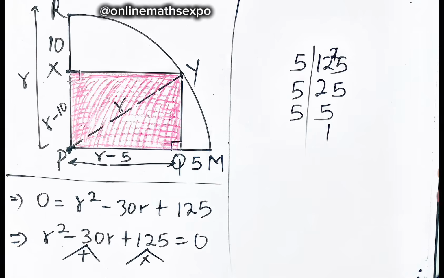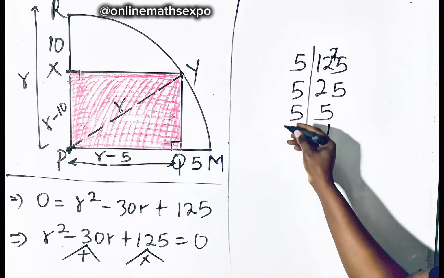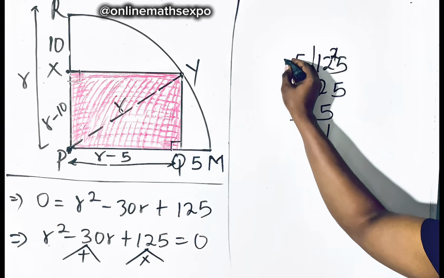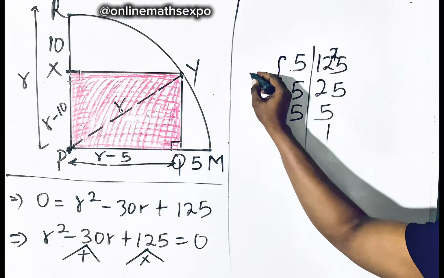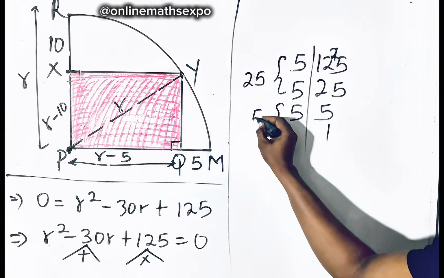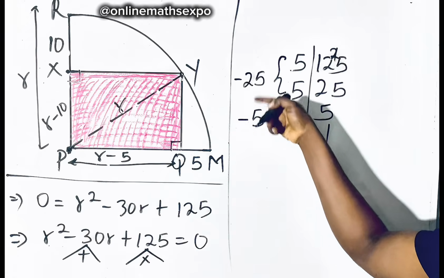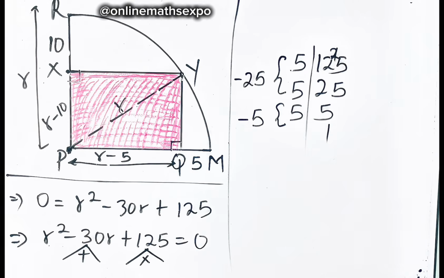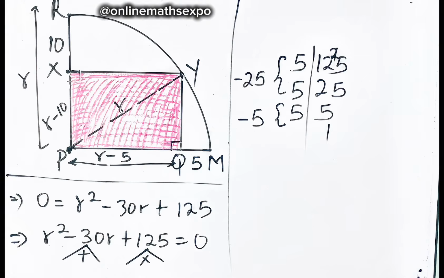Since we are looking for two numbers that will give us negative 30 when we add, we can multiply this and then work with this. So we have, multiply this, it gives us 25, and this is 5. So we have negative and negative. Add these two negatives, it gives you negative 30. And when you multiply two negatives, it gives you positive 125.